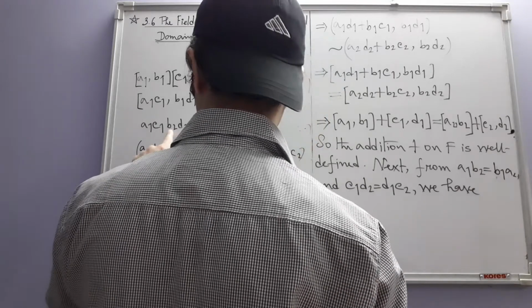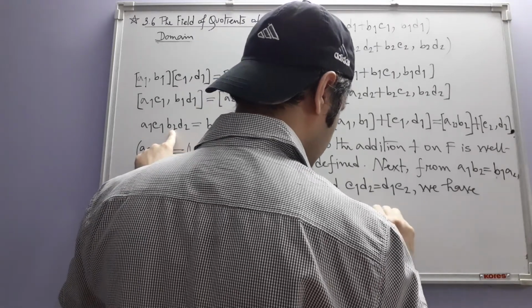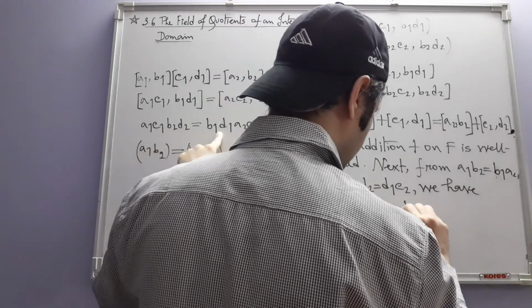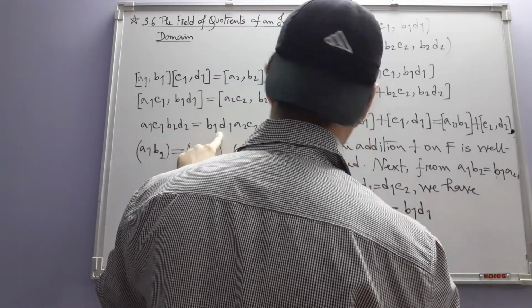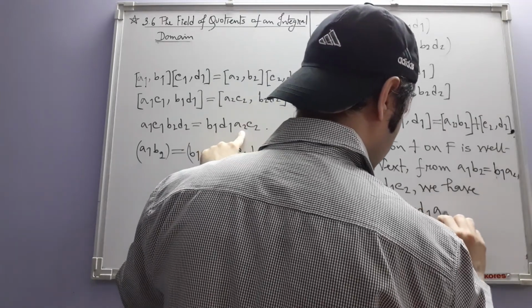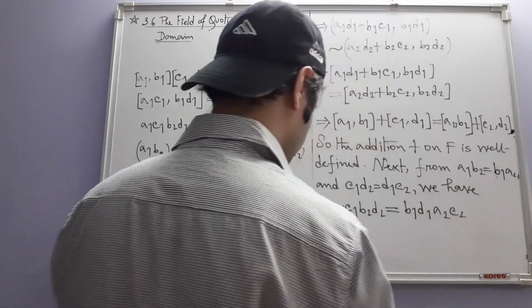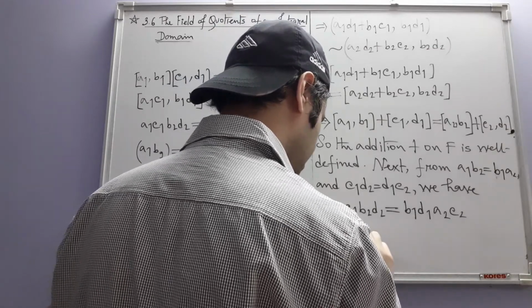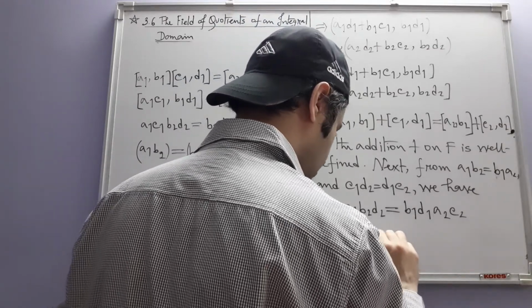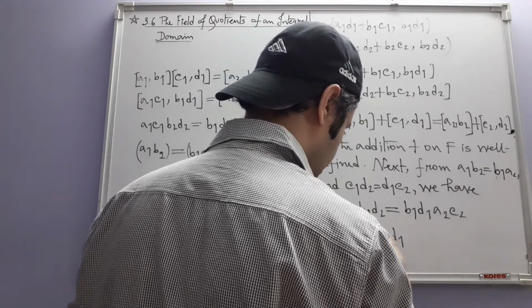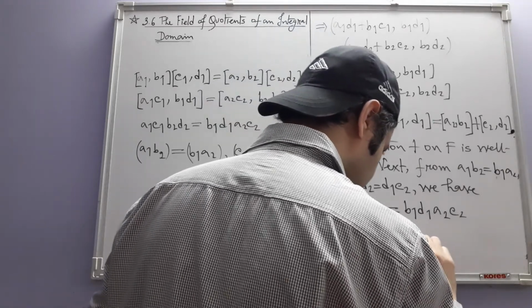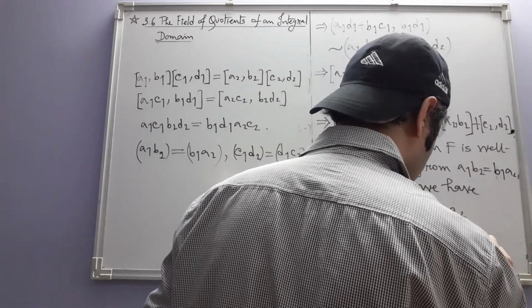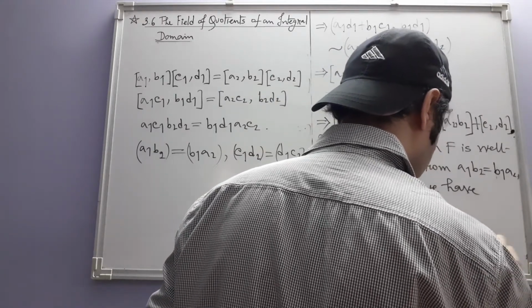a1 c1 b2 d2 is equal to b1 d1 a2 c2. This implies a1 c1 comma b1 d1 is related to a2 c2 comma b2 d2.